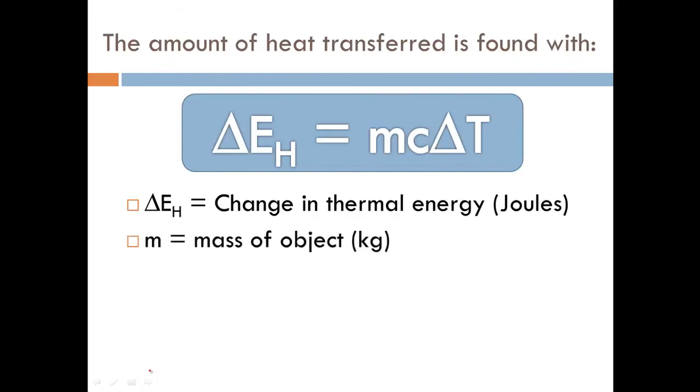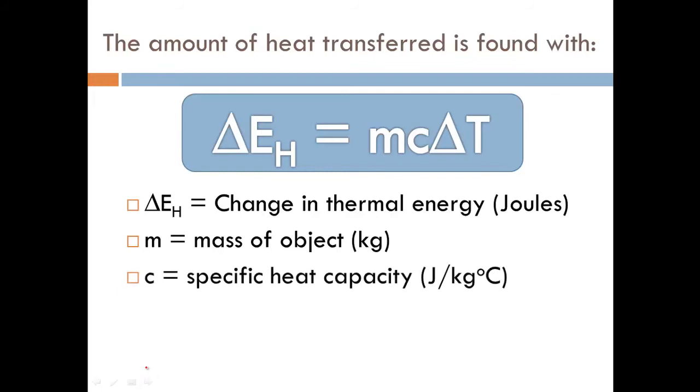M is going to be the mass of our object, and it's always in kilograms. C is a new constant called the specific heat capacity. And nicely put, the specific heat capacity is just the amount of heat required to raise a 1 kilogram object up a temperature of 1 degree Celsius.